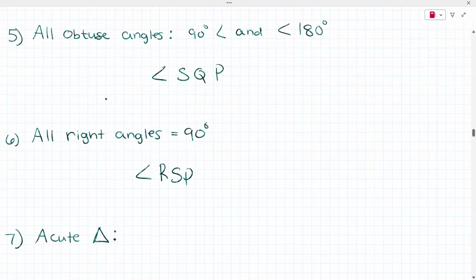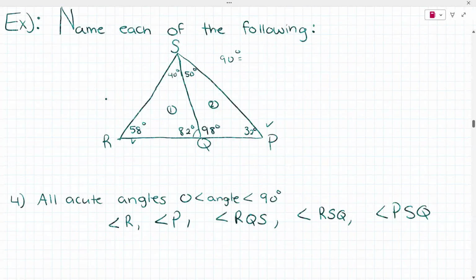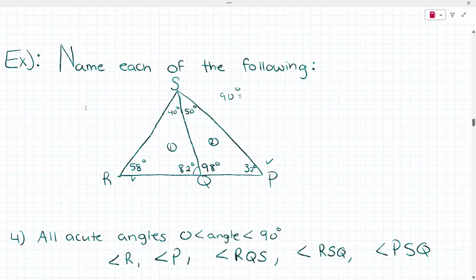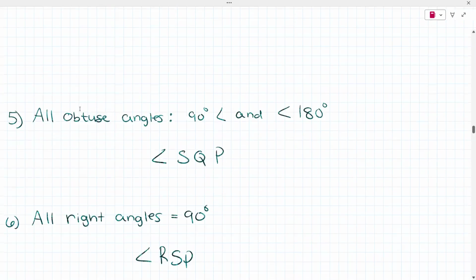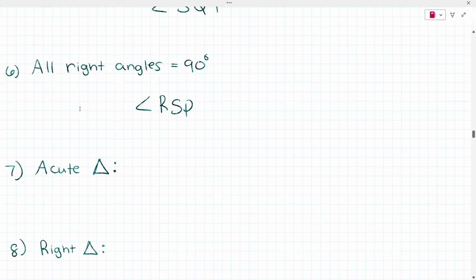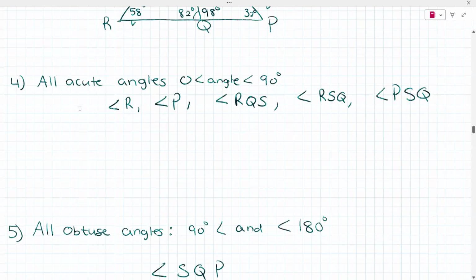Okay, number seven, acute. What is acute? It just means less than 90. Oh, they want an acute triangle. Sorry, they're not asking for the angles, they're just talking about the triangle. So how do you describe a triangle? By its vertices. You're going to have three vertices because you have three angles in a triangle.